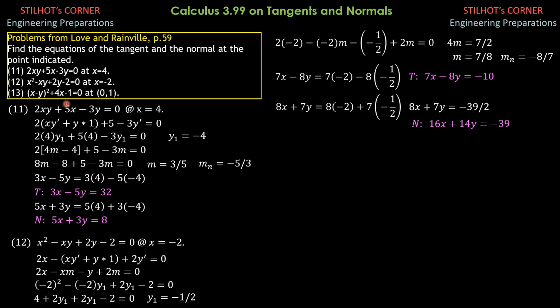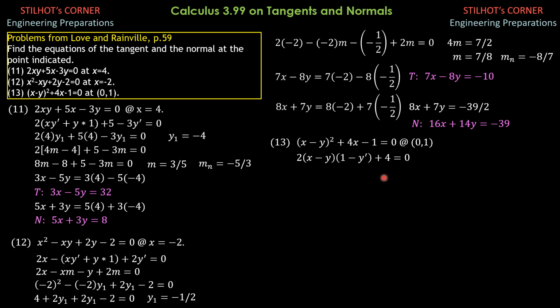Then finally, for problem 13, quantity x minus y squared plus 4x minus 1 equals 0 at (0, 1). Differentiating first, this is 2 quantity x minus y raised to 1 times quantity 1 minus y prime plus 4 equals 0.